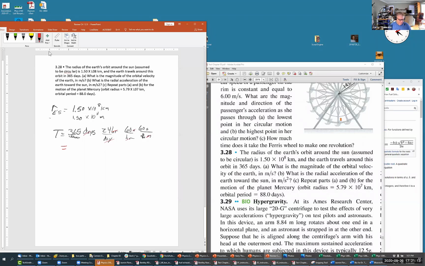Wow. 3.15 times 10 to the 7th, 31 million seconds in a year.